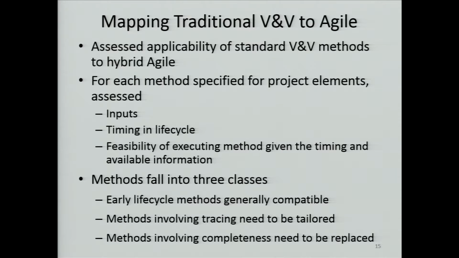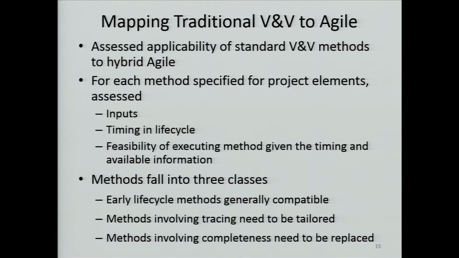So we've been working on mapping the needs of the different verification and validation methods with what's available in those hybrid Agile life cycles. And we've gone through them looking for the three main elements: what inputs are required to do that analysis, when those inputs are available, and the feasibility of doing those with the information that's in the hybrid Agile life cycles.